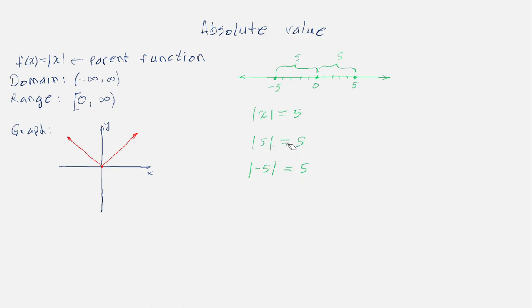If this is 5, it comes out as 5. If it's negative 5, it also comes out as 5. It will never come out negative, as long as we have real numbers here. So absolute value of any number, positive or negative, is going to come out as not being negative, right?